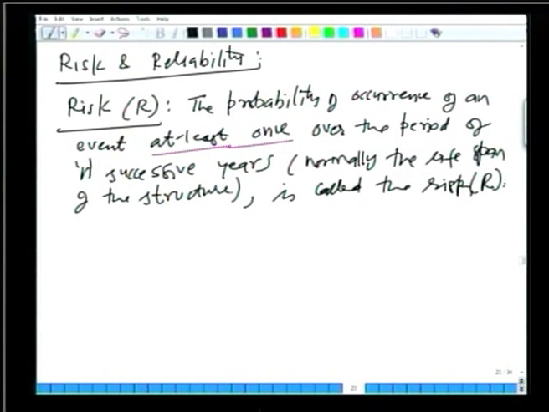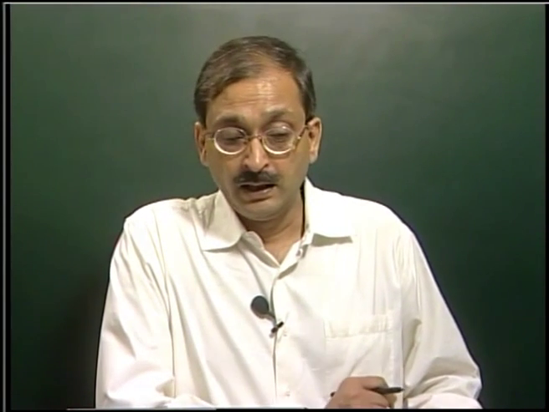So, what is the risk? The way we have defined it, the risk is nothing but the probability of occurrence of an event, and that event is your worst case scenario, the flood, design flood, or maybe something else, at least once during the lifespan. That is the risk associated with the project, that even if the flood occurs once, or if it is equaled or exceeded once, that is the risk.